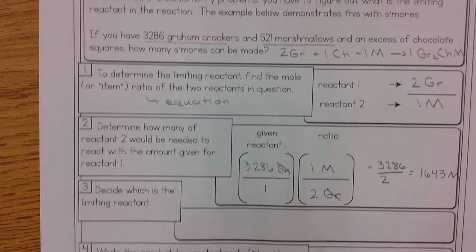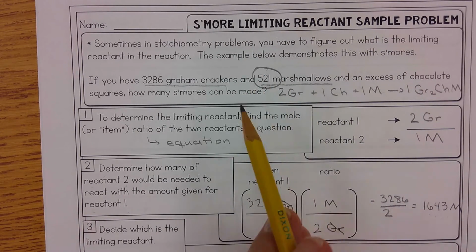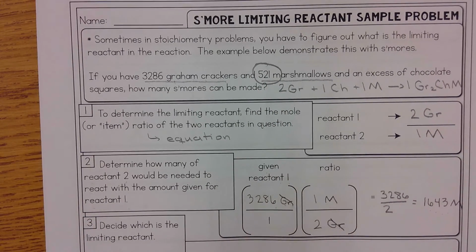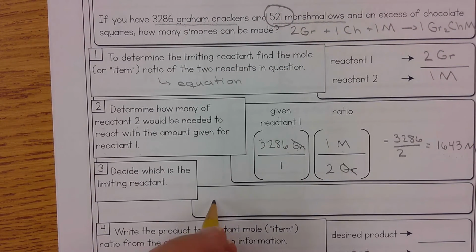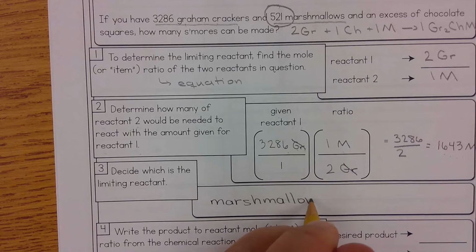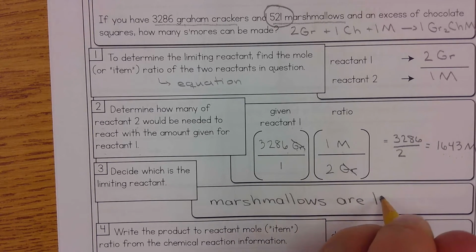I don't have that many marshmallows, I only have 521. So I'm going to run out at 521. I am not going to be able to use all my graham crackers, which means that marshmallows are the limiting reactant.